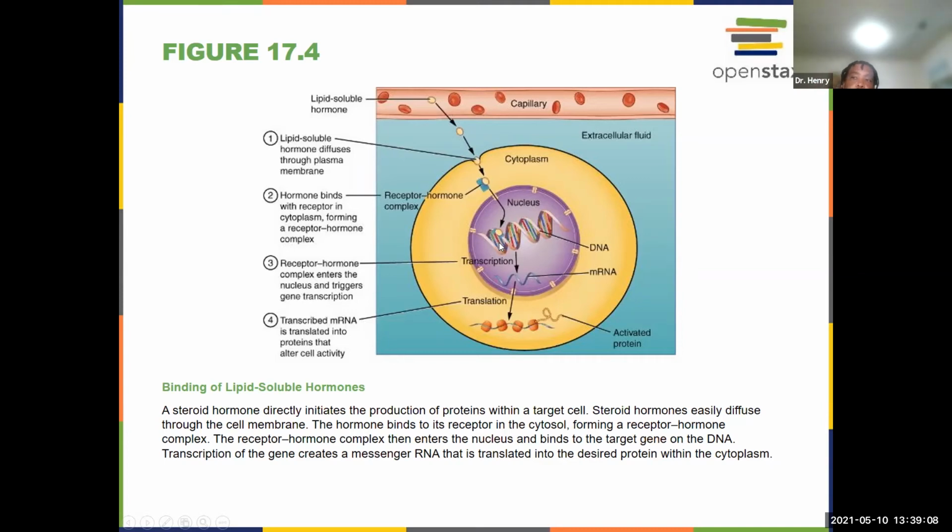That complex acts as a transcription factor. You get expression of messenger RNA, mRNA, and that messenger RNA is then translated into protein by ribosomes, and then that protein goes through the process of becoming active. As a result, that initial hormone causes everything to be turned on that needs to be turned on.